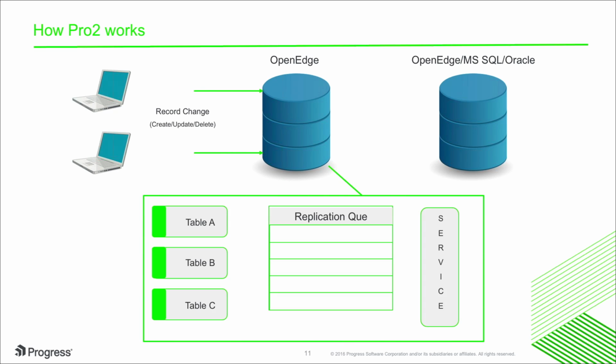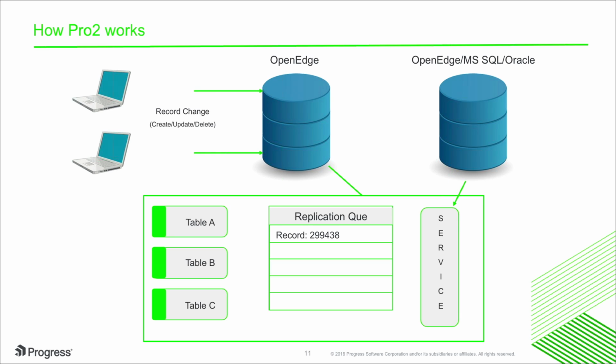As these records hit the database, a replication trigger fires that inserts a record into the replication queue. A service running on the server constantly monitors this replication queue, and when a record that requires replication is present, the required action, be it create, update, or delete, is performed in the target database.